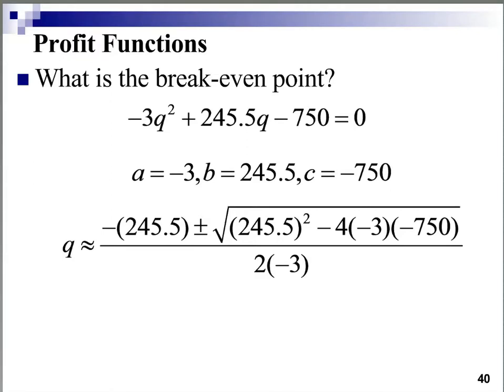You should do that on a calculator and make sure you come up with values that correspond to these. These have been rounded because we're talking about units sold and produced here, so we'll talk about whole units sold and produced. And we get approximately 3 and 79. And again, based on the definition of break-even point, we'll take the smaller one and say that our break-even point is when Q is equal to 3.